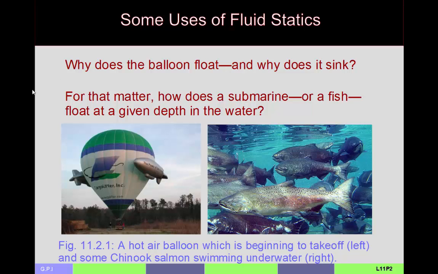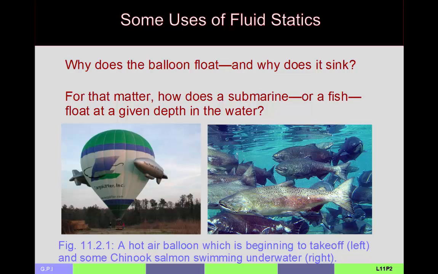So there's a number of applications to fluid statics in a variety of different fields. For example, why does a balloon float or sink? How does a hot air balloon work, for example? How do you navigate hot air balloons? For that matter, why do submarines work? How does a submarine work? How does a fish work?